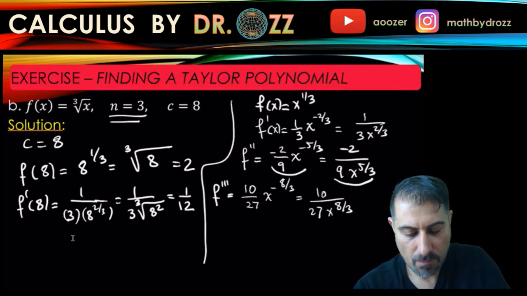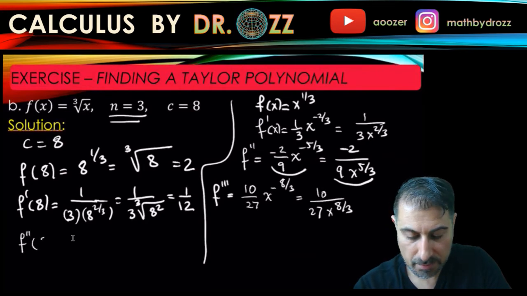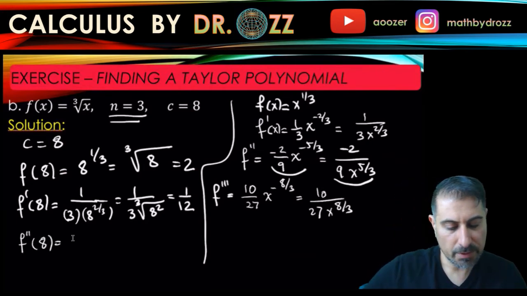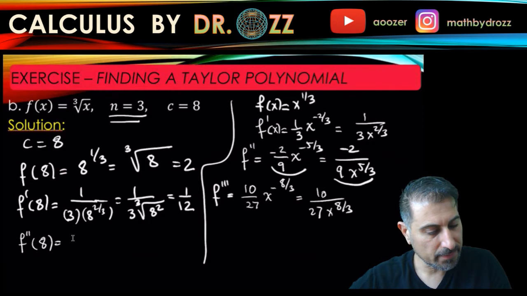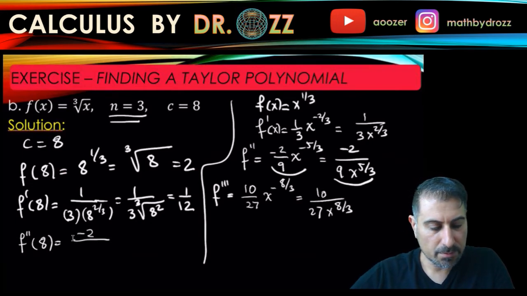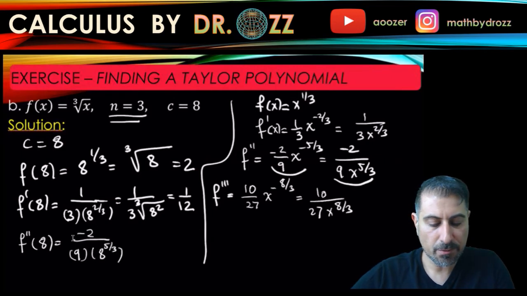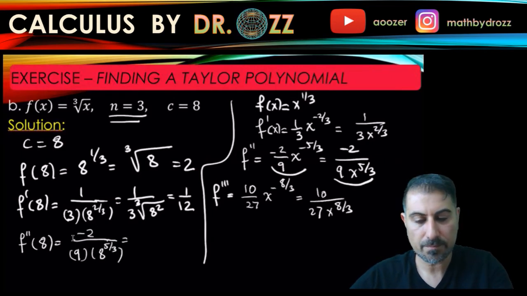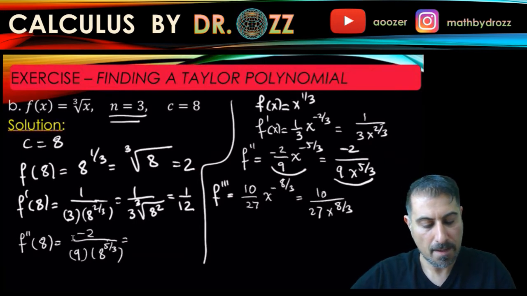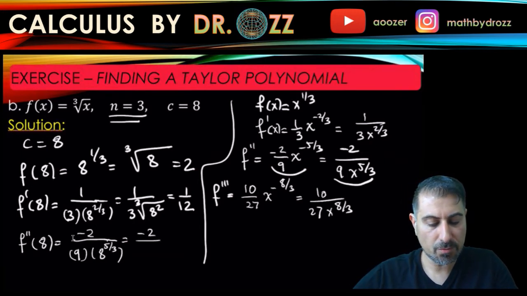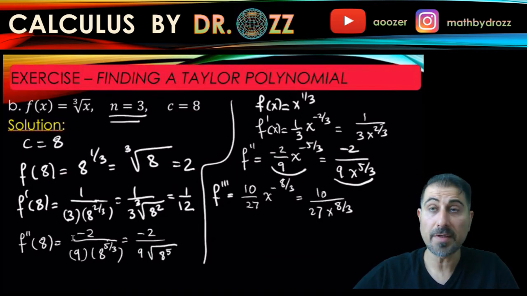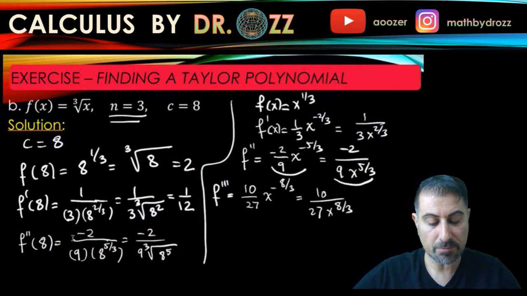Take your time again. If you're rusty with algebra, it's the best time for you to practice that. -2 over 9, let me just put in the parentheses, 8 to the power of 5/3. That's the fifth power of the cubic root of 8.